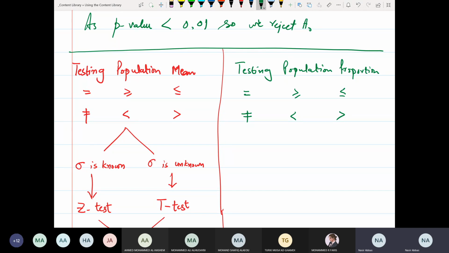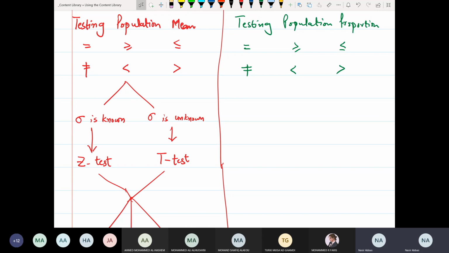And we got just one case, which is an approximate z-test for testing proportion. So we don't have sigma known, unknown, nothing. We just use the z-test for this one. And to be more accurate, this is an approximate z-test.